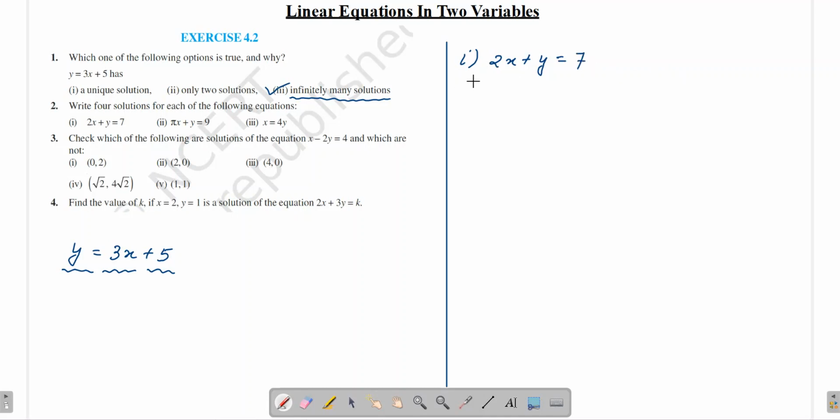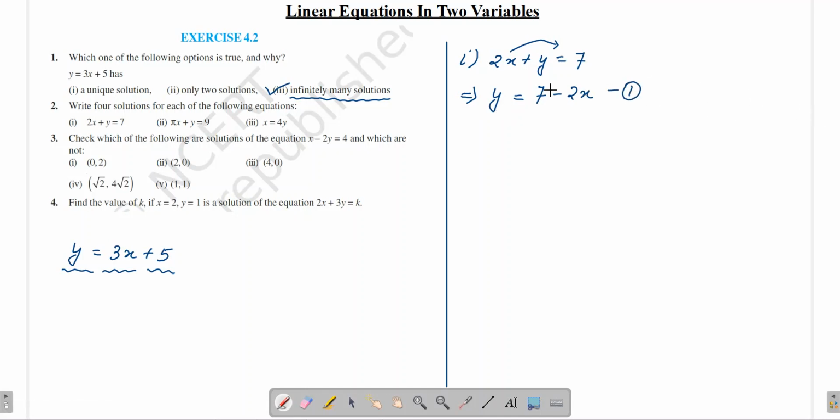Now over here, to find the solution, we always try to write y in terms of x. So for that I'll shift this 2x to the other side, which gives us y equals 7 minus 2x. This is the equation.